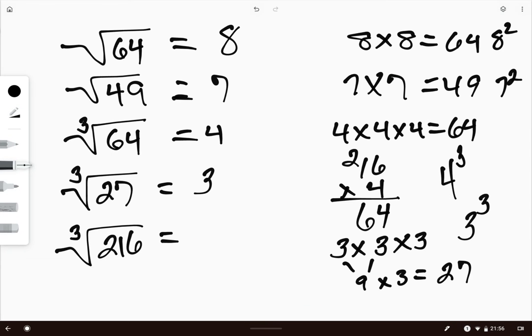And the cube root of 216 is 6, because 6 times 6 equals 36. I'm going to multiply that by another 6. 6 times 6 is 36. Put down a 6, carry the 3. 6 times 3 is 18, plus 3 is 21. So there's 216.